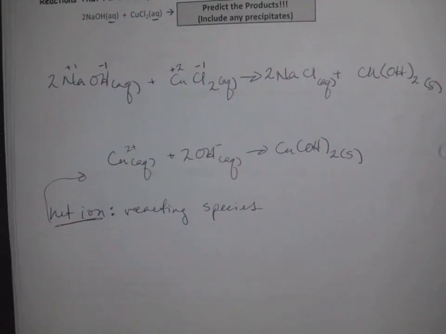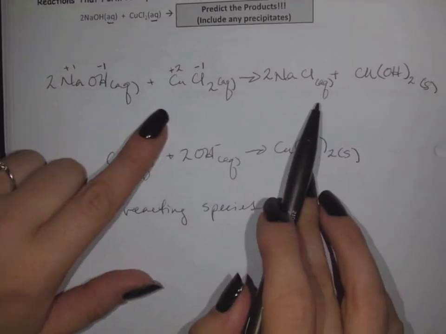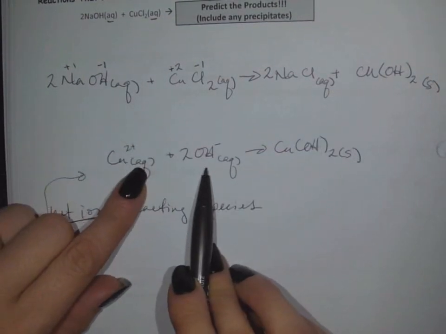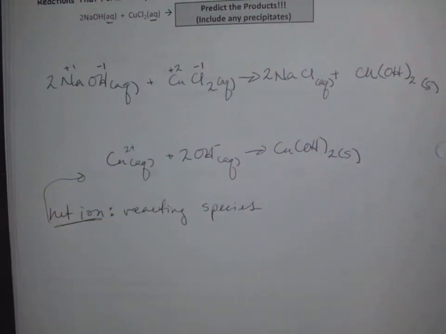They'll say, what are the reacting species in this equation? And when they say reacting species, they want to know what the net ionic equation is. They don't want to know what the spectator ions are that cancel. They want to know what is actually reacting, and that would be the net ionic.